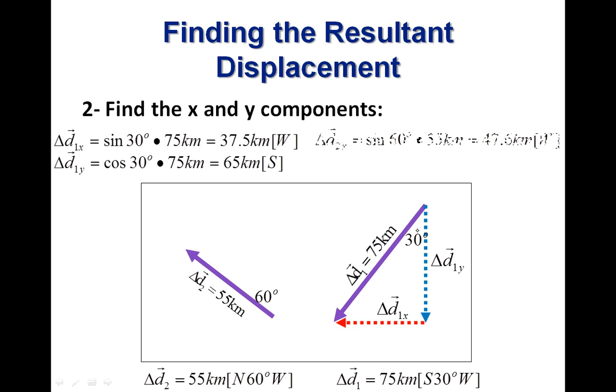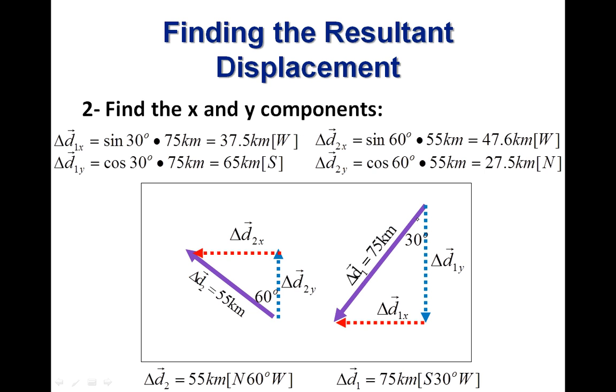So vector 1, remember, is going 75 kilometers and is being measured from the south 30 degrees to the west. Vector 2 was 55 kilometers. It was measured from the north 60 degrees towards the west. And what we're going to do is to determine the different components.